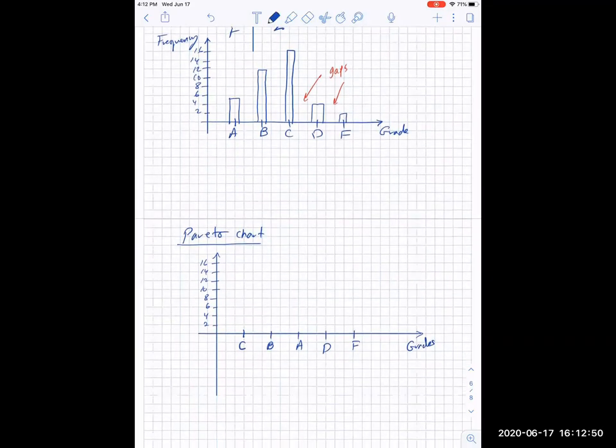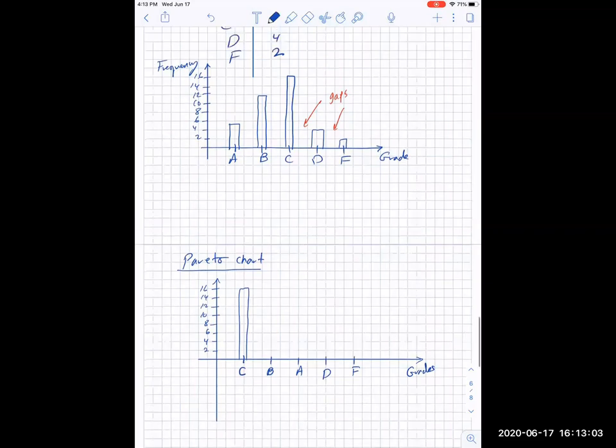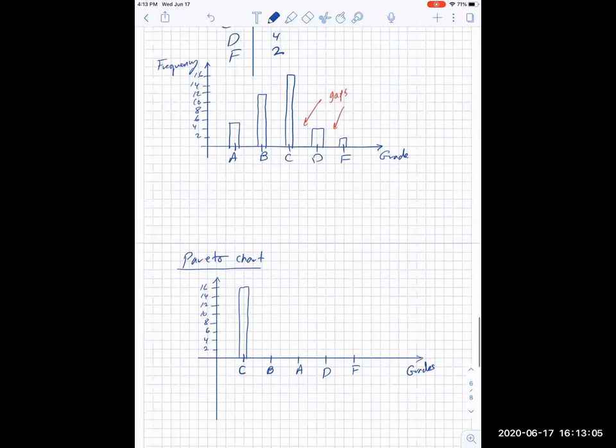And then I'm gonna do the bars again. 16. 12.